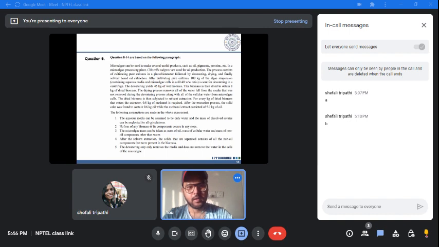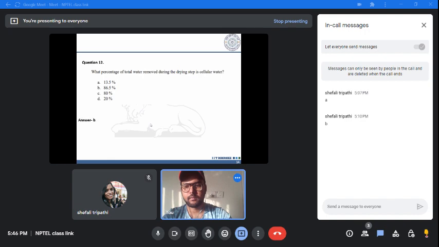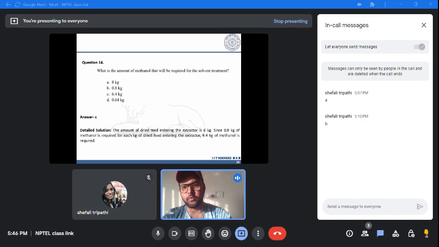So for 8 kg, 8 times 0.8 will be 6.4 kg. So that will be C, 6.4 kg. The total amount of dried feed entering the extractor is 8 kg, since 0.8 kg of methanol is required for each kg of dried feed entering the extractor. So a total of 6.4 kg of methanol is required. So that is your correct answer.